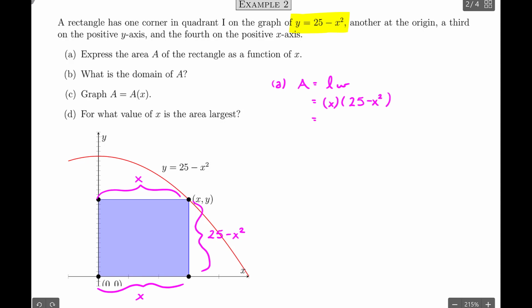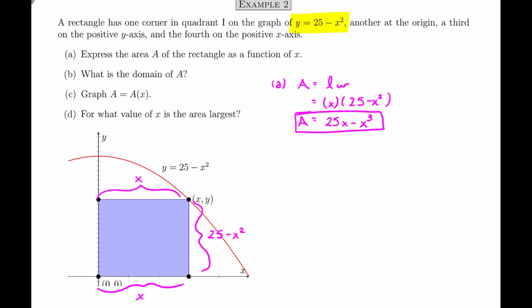When I multiply that out, I get 25x minus x cubed. That is my area function of the rectangle that is bounded beneath this parabola that you see on the screen right here.